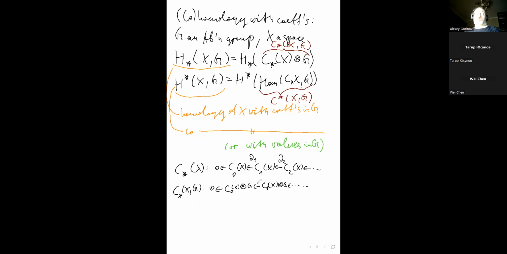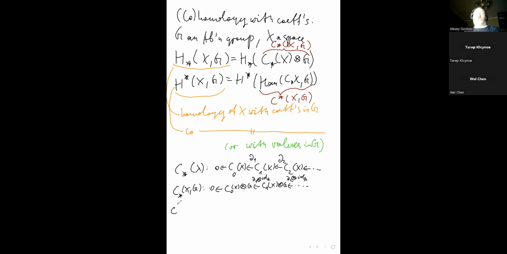The differentials get tensored too, so the first one would be D1, and the second one will be D2 tensor the identity of G, and so on.